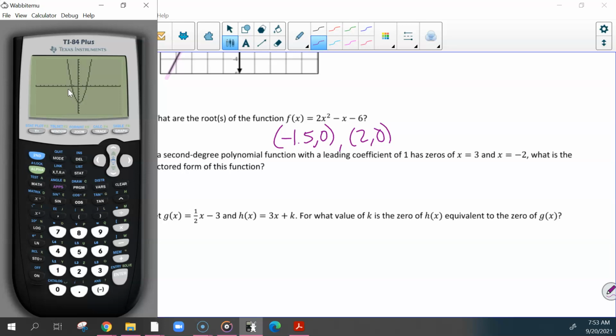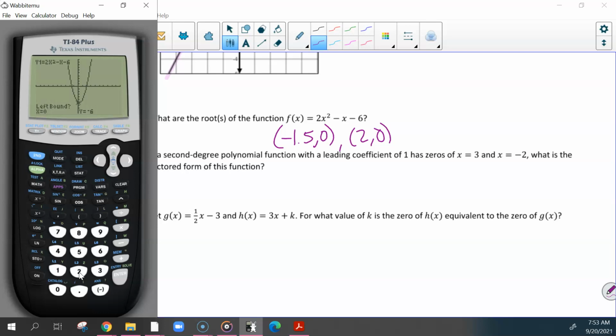If you wanted to see that exactly, you could go into trace, and you're looking for zeros, you would go into number 2. And then it asks you for like left bound, right bound. You're basically going to put lines around the 0 you want.